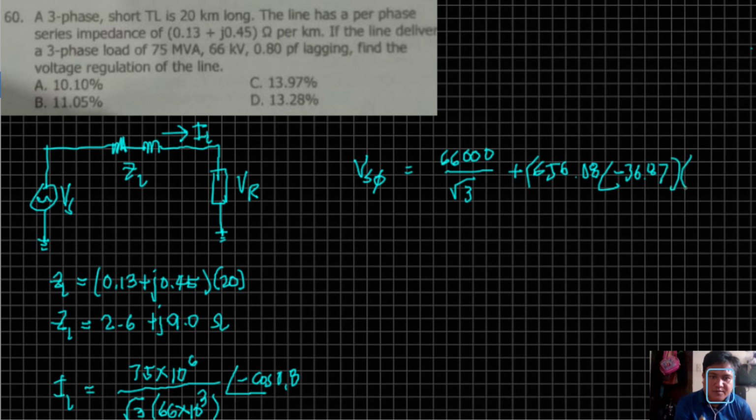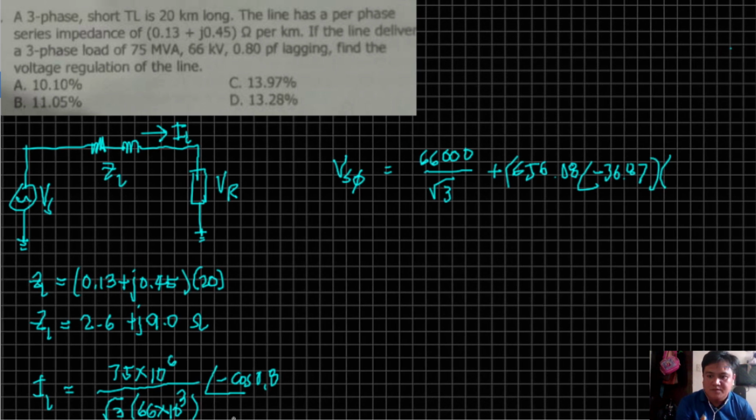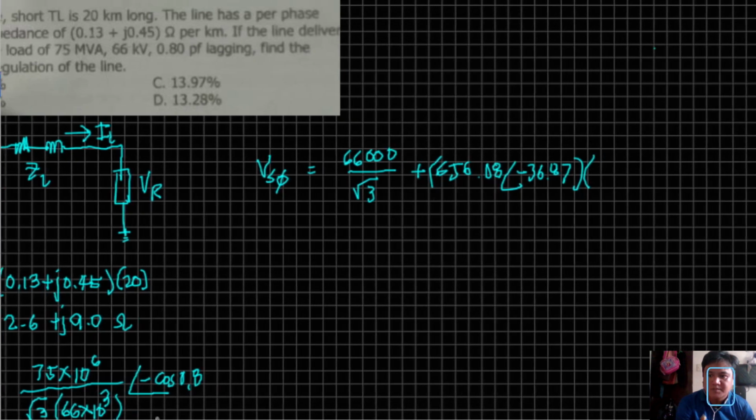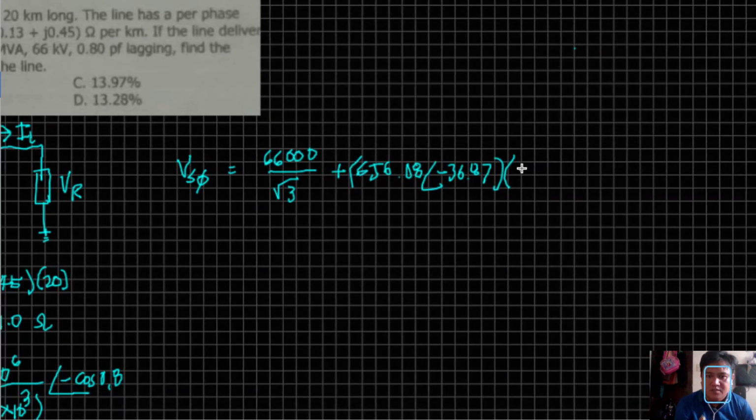Okay, times the impedance of 2.6 plus J 9.0.